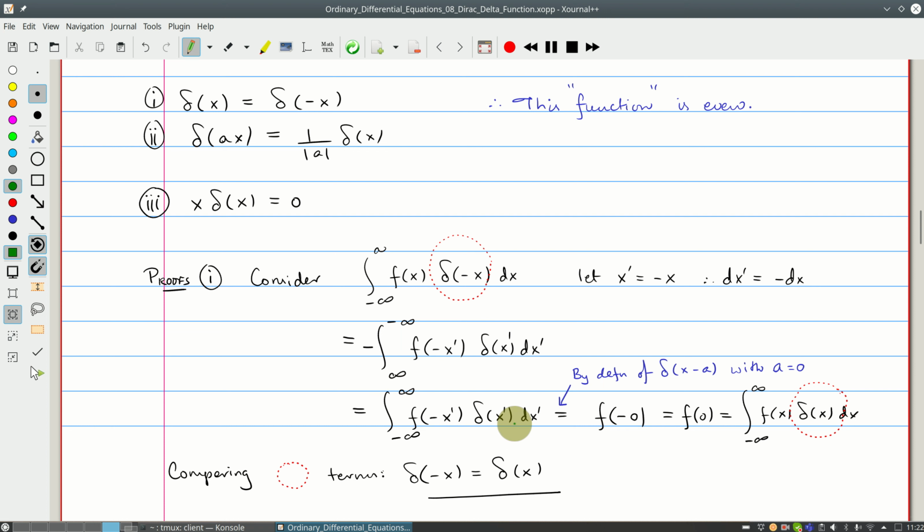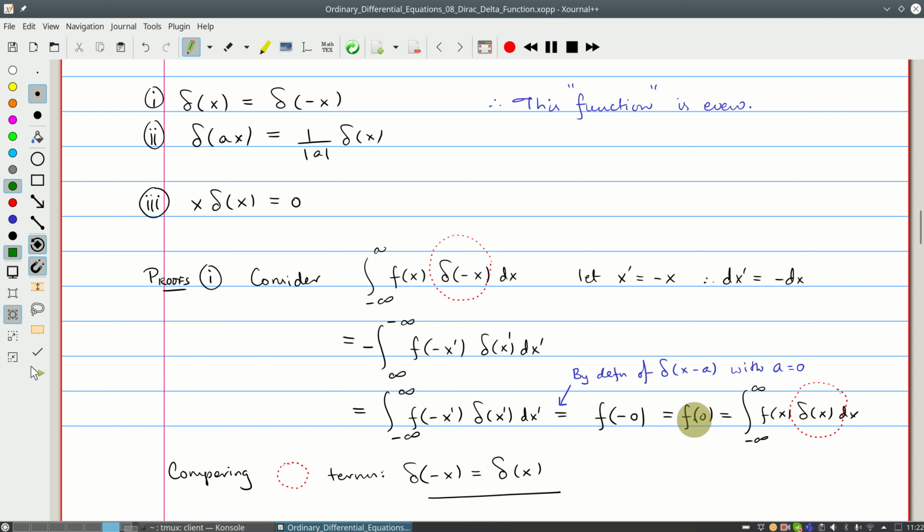And now we know what to do with the delta of x prime, which is simply delta of x prime minus a, where a is 0. It's centered about 0. So we will get f of minus x prime, where x prime is 0. So this is equal to f of minus 0, which is f of 0.